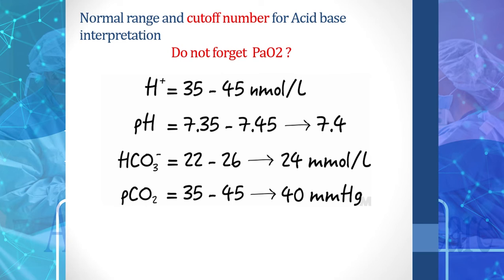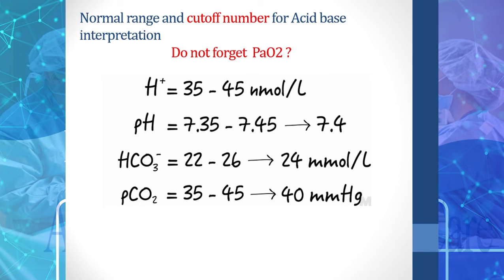Now we need to know the normal range and the cut-off numbers for acid-base interpretation. When you hold the ABG analysis paper in your hand, you look at the pH. The normal pH is 7.35 to 7.45, but the number we count on in acid-base disturbance is 7.4. Above 7.4 will be alkalosis, less than 7.4 will be acidosis.